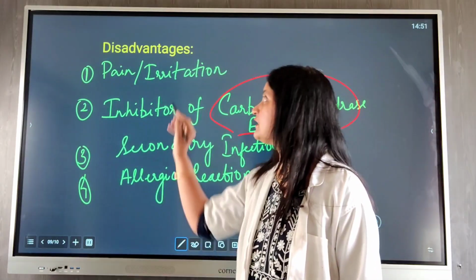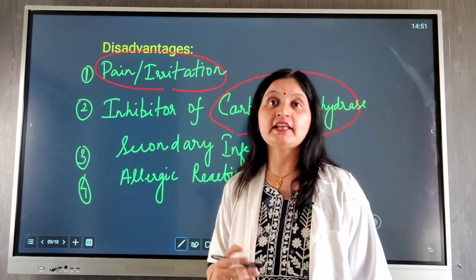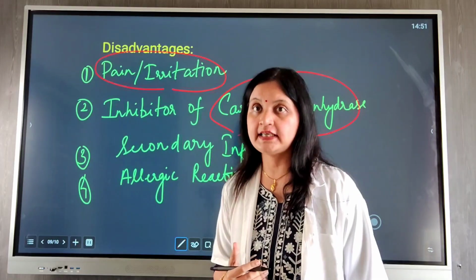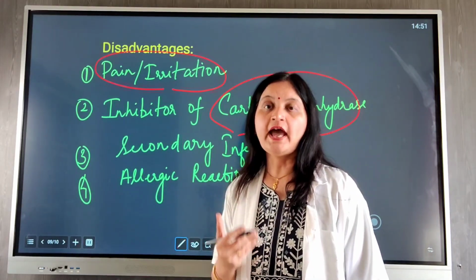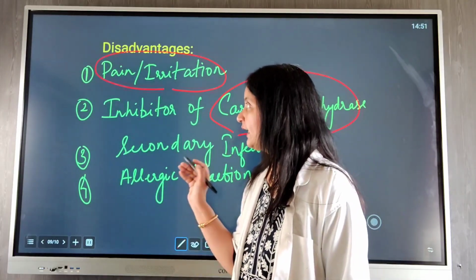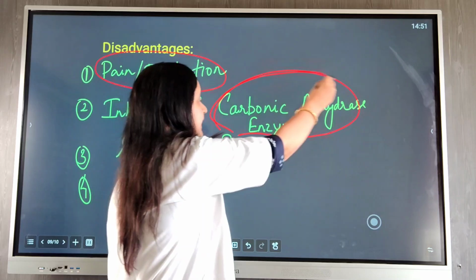Now, Mafenide causes pain and irritation at the site of application. So the patient can experience an unpleasant sensation during application on the burn wound, and this can be a common complaint of the patient. The second disadvantage is that it is an inhibitor of the carbonic anhydrase enzyme.